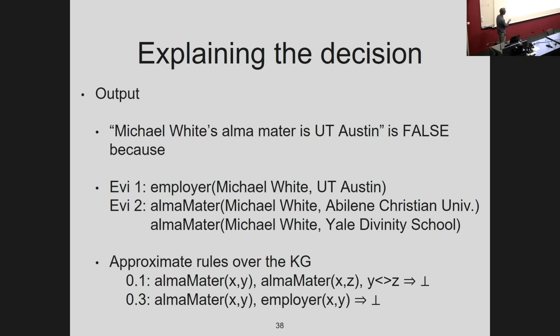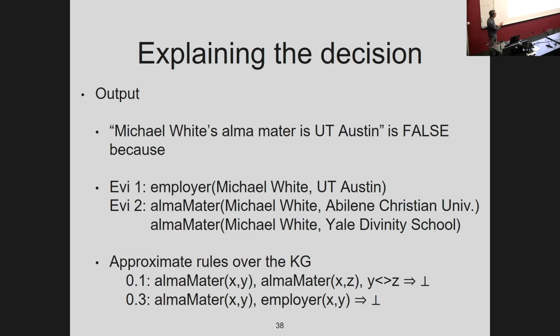You have the atoms that are the predicates with the universal variables, and you are saying it cannot be the case. There is a contradiction if someone has more than one alma mater. Of course, it is a very soft constraint, in the sense that it's possible to have two alma maters, but there is a certain probability. It is the support of the rule that we're going to use as a proxy for the probability.